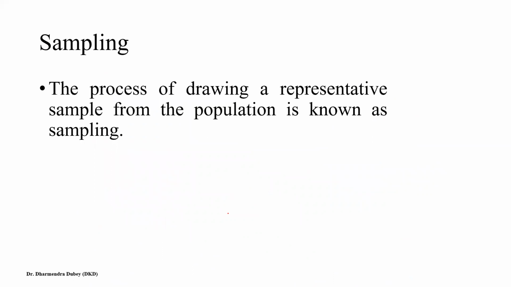Now we have to define sampling. How will you define sampling? You can define the process of drawing a representative sample from the study population as sampling. So this is the simple basic definition of sampling.